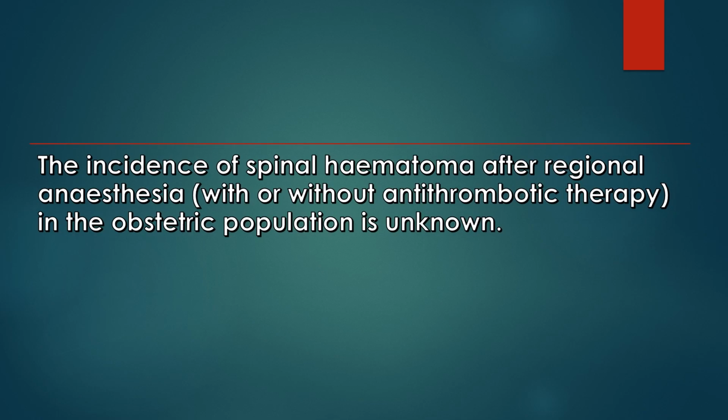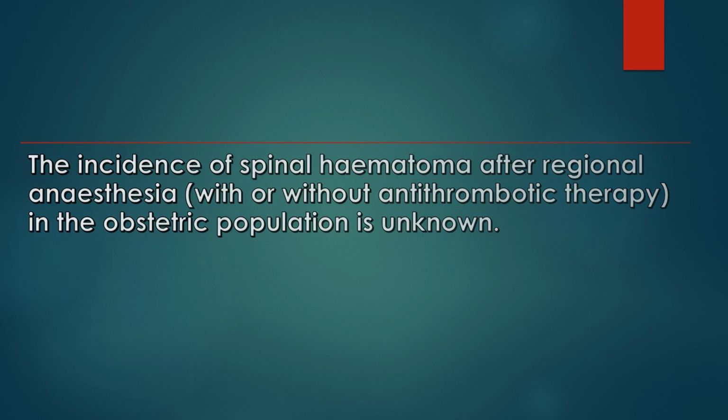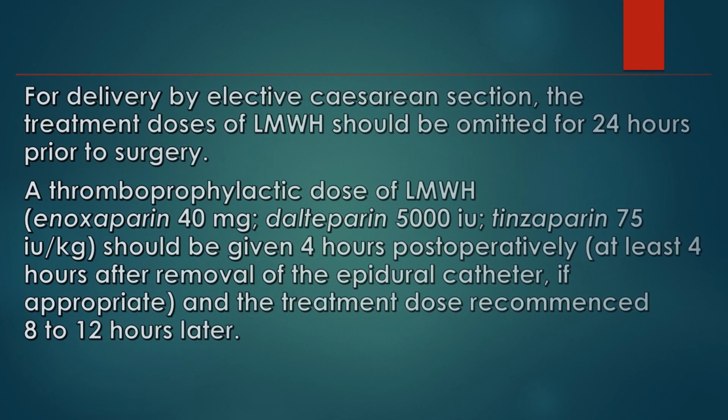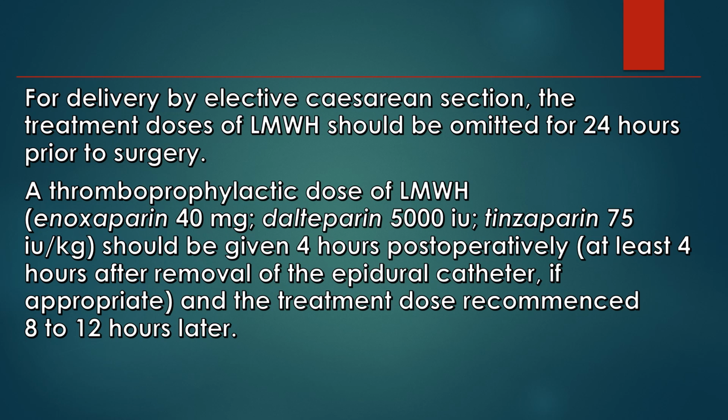The incidence of spinal hematoma after regional anesthesia with or without antithrombotic therapy in the obstetric population is unknown. For delivery by elective cesarean section, the treatment doses of low molecular weight heparin should be omitted for 24 hours prior to surgery.